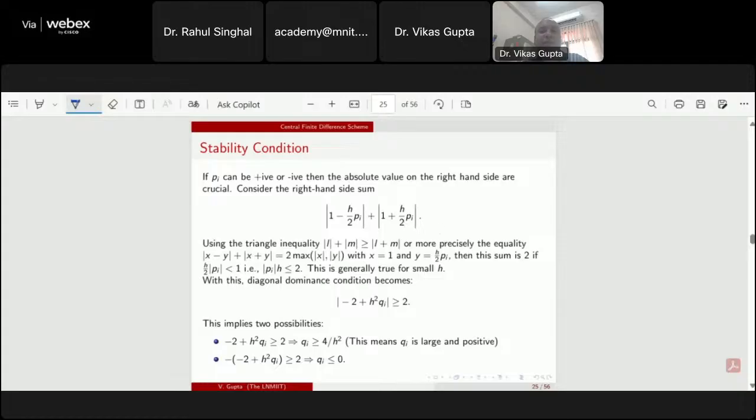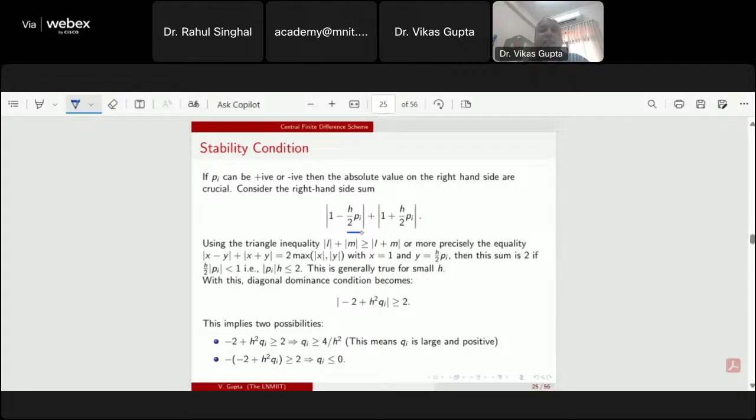Using the triangle inequality, mod L plus mod M is greater than or equal to mod of L plus M, or more precisely, we can use the equality mod of x minus y plus mod of x plus y is equal to twice the maximum of mod x and mod y, with x equal to 1 and y equal to h by 2 pi.